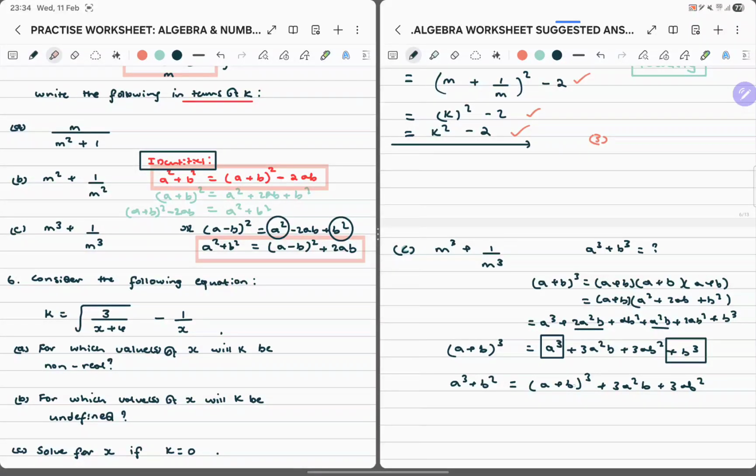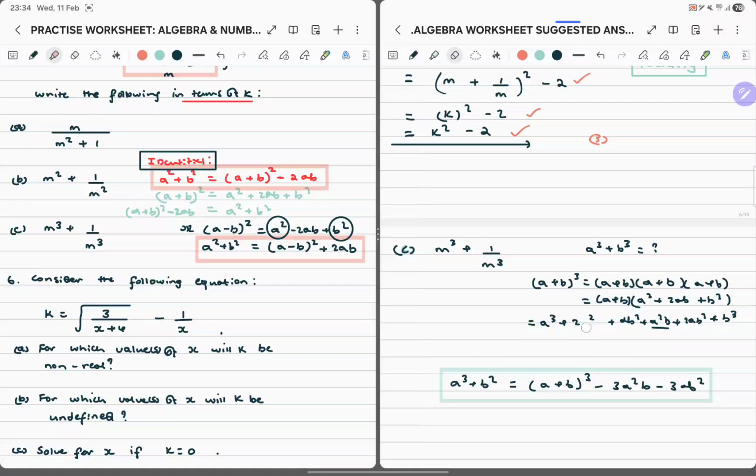But let's see if this one can help us, folks. Let's take the identity and see if it will help. These ones are going to be negative, not positive. So let's see if it helps us.